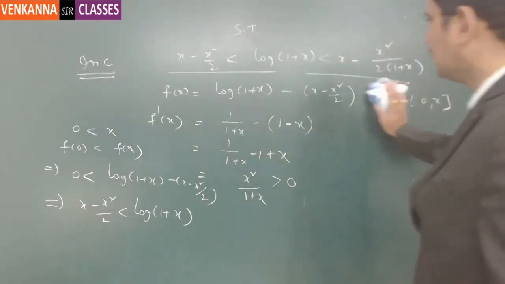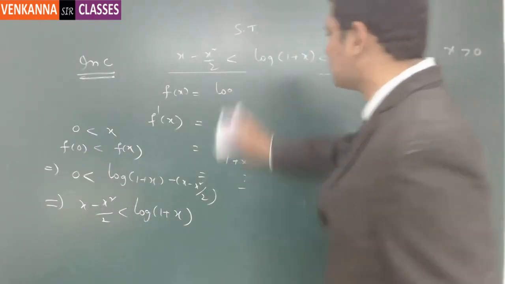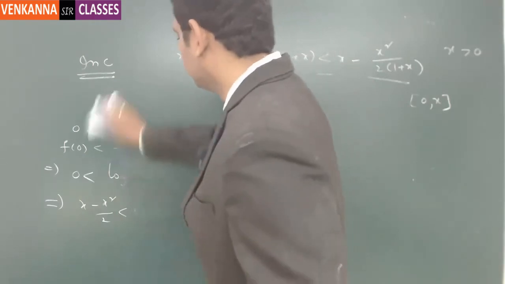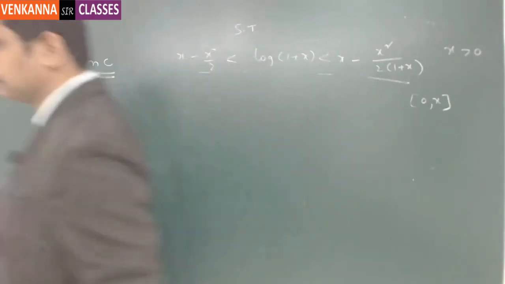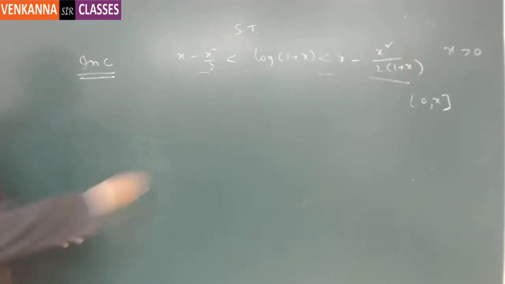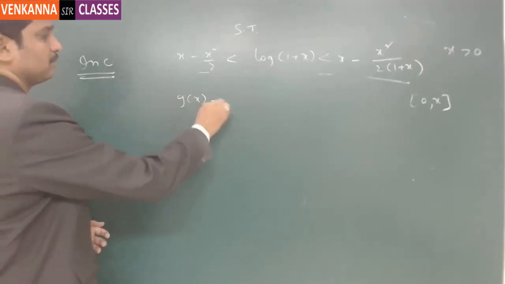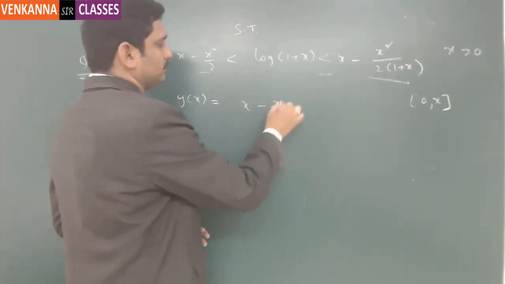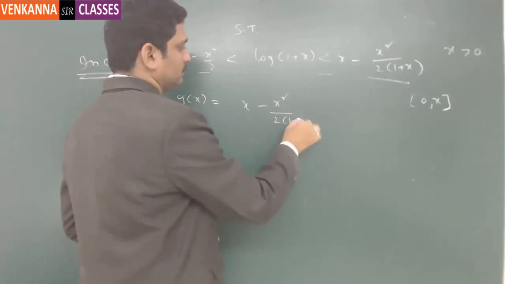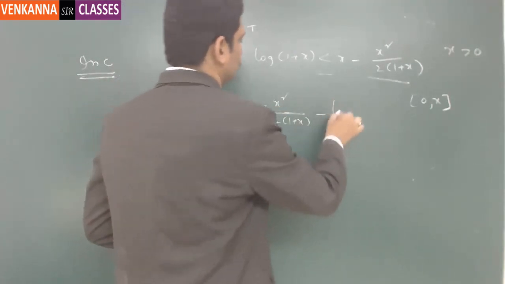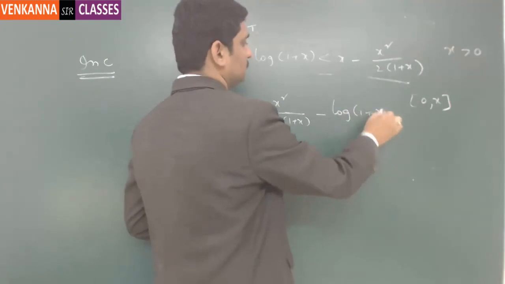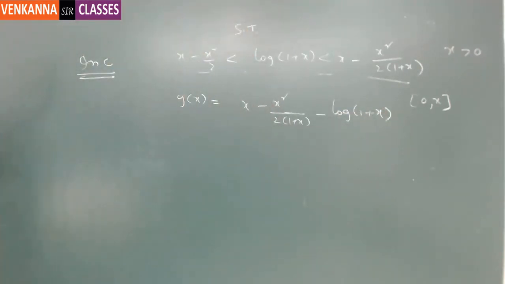Now for the second part, I will define the function g of x equal to x minus x square by 2 into 1 plus x minus of log of 1 plus x.